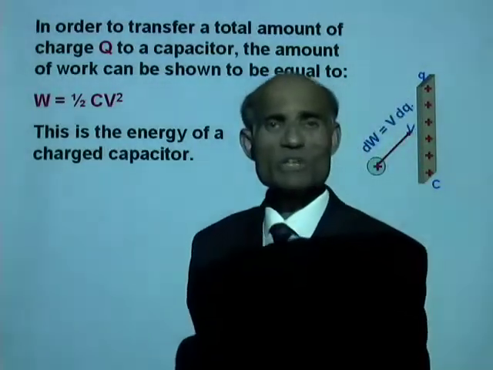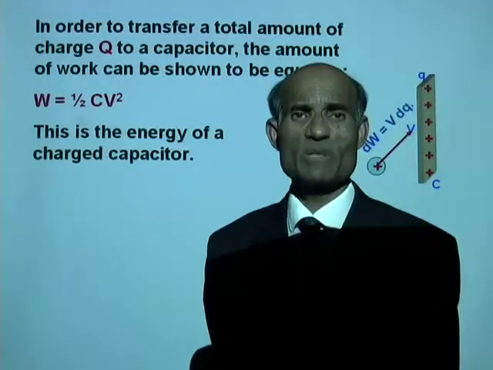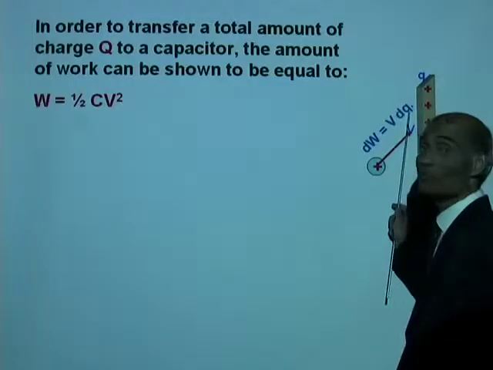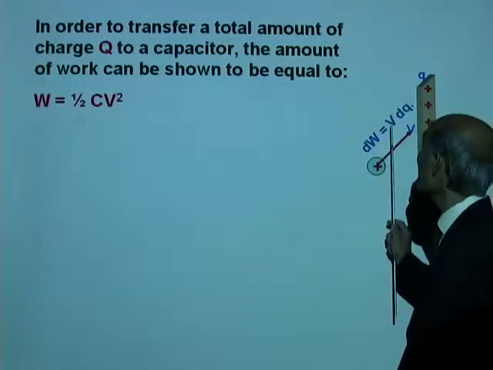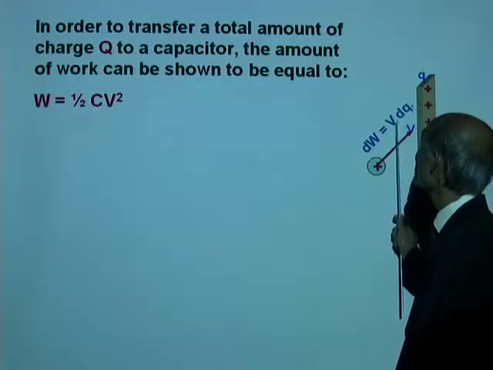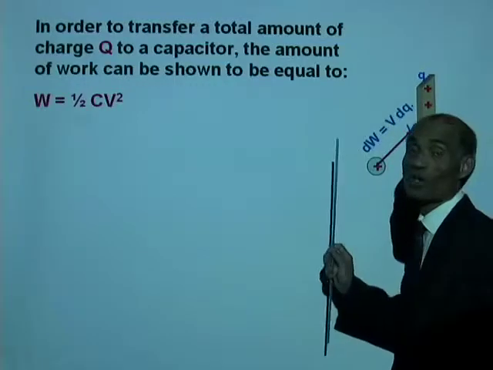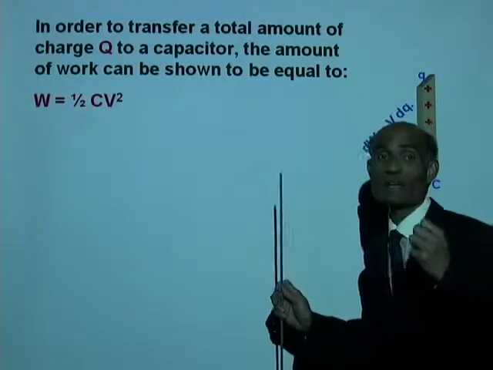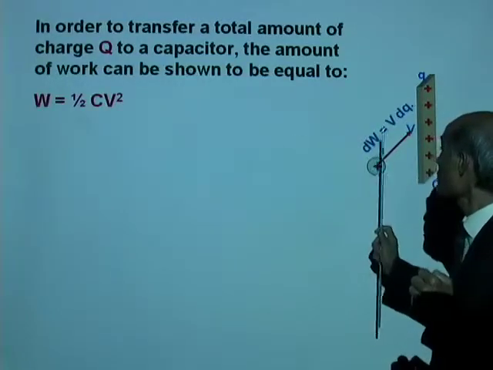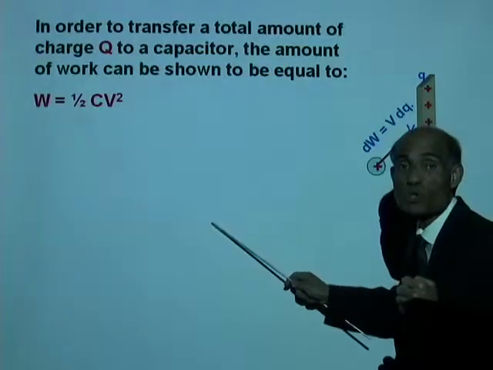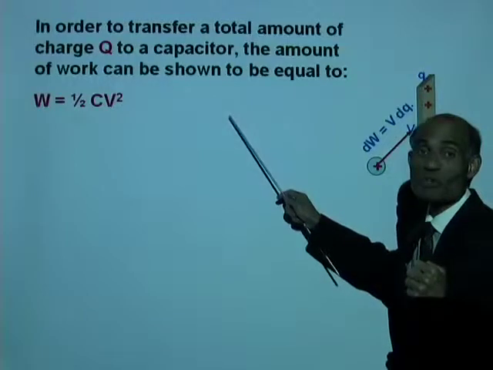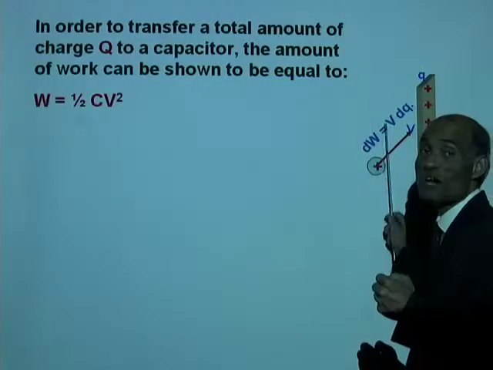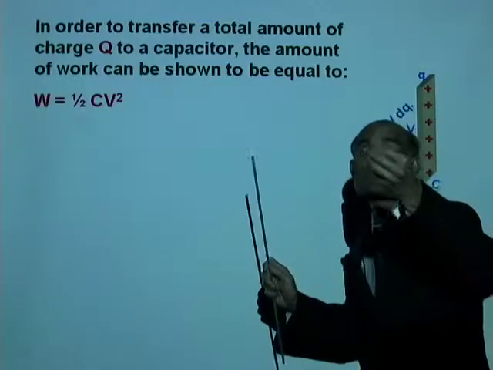Well, I think you need to do that. Let's see if we can do that. To move a small amount of charge dQ, the amount of work done is V dQ. So, if you want to find the total work done when the amount of charge increases from an amount Q1 to an amount Q2, all we need to do is integrate this dW from Q1 to Q2.